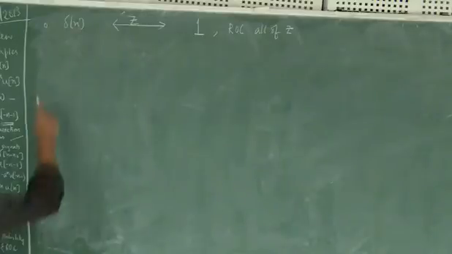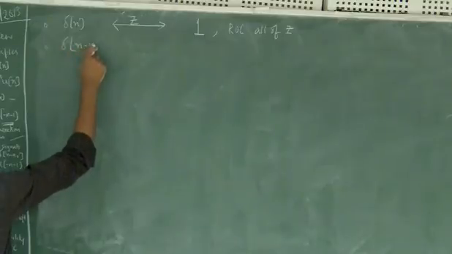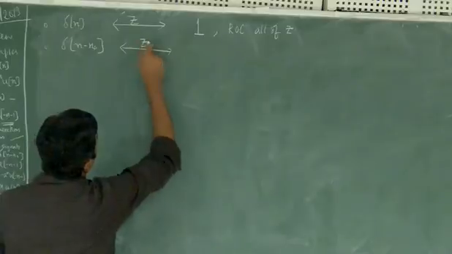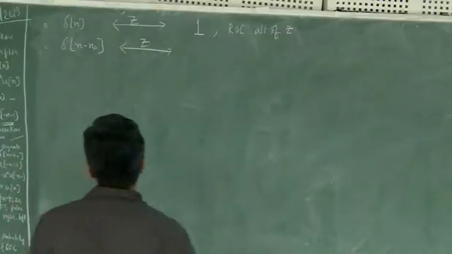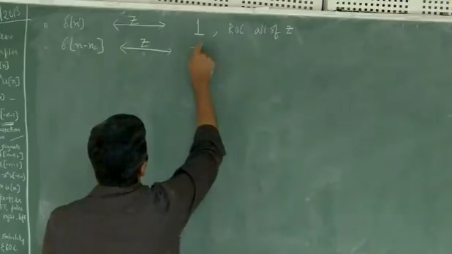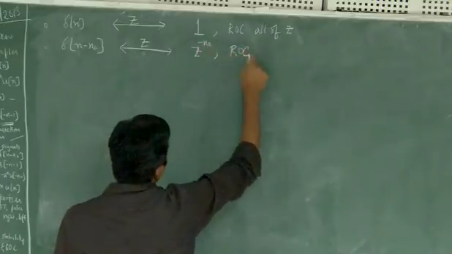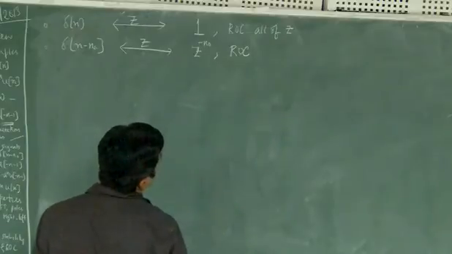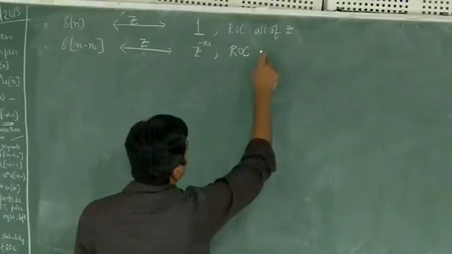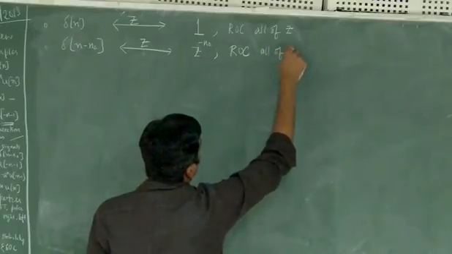Okay. Now, what is that going to be? And what is the ROC? What is the ROC for this? And you could potentially have zeros where?